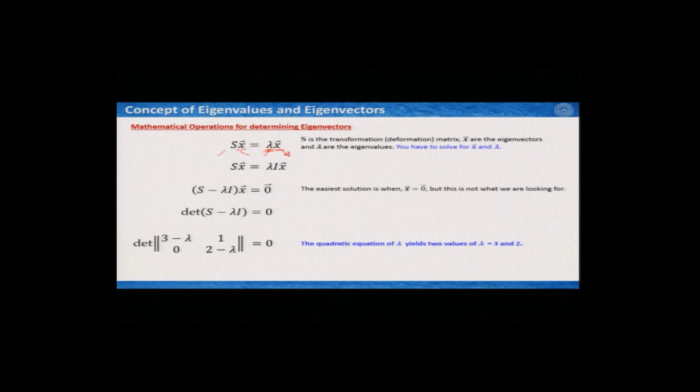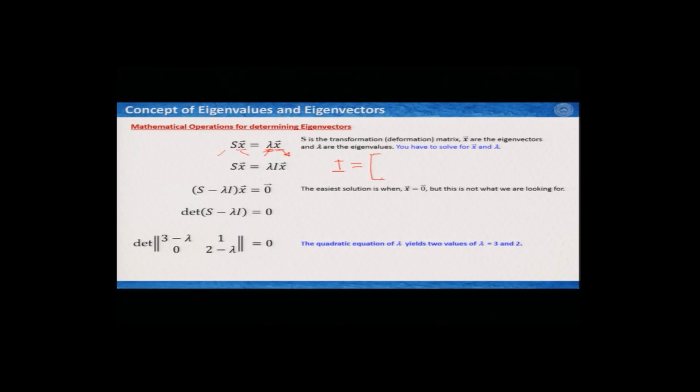So matrix vector multiplication and scalar vector multiplication are happening together. To avoid this confusion, you can multiply lambda by a matrix, which is known as the identity matrix.